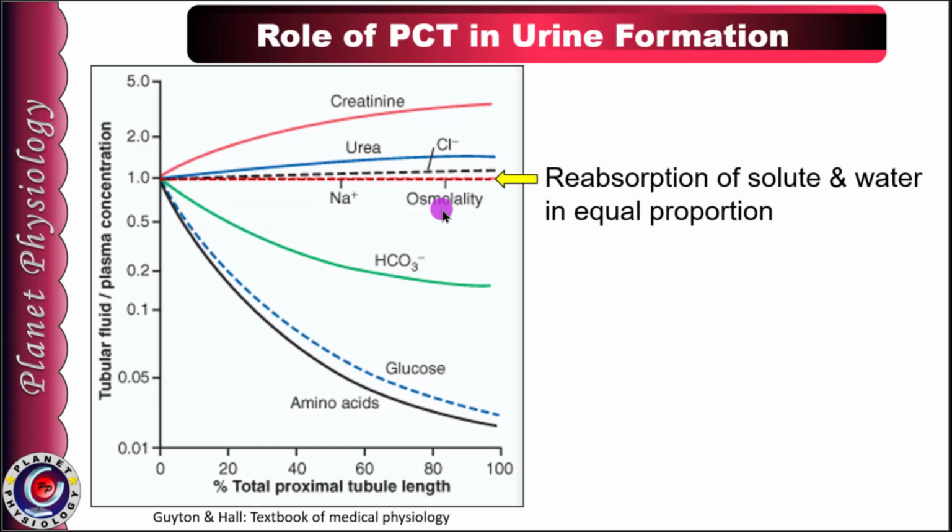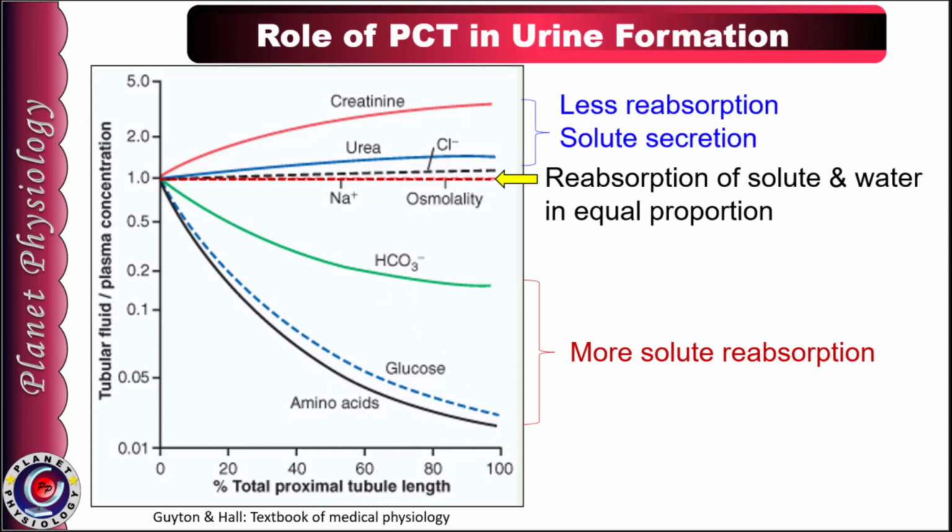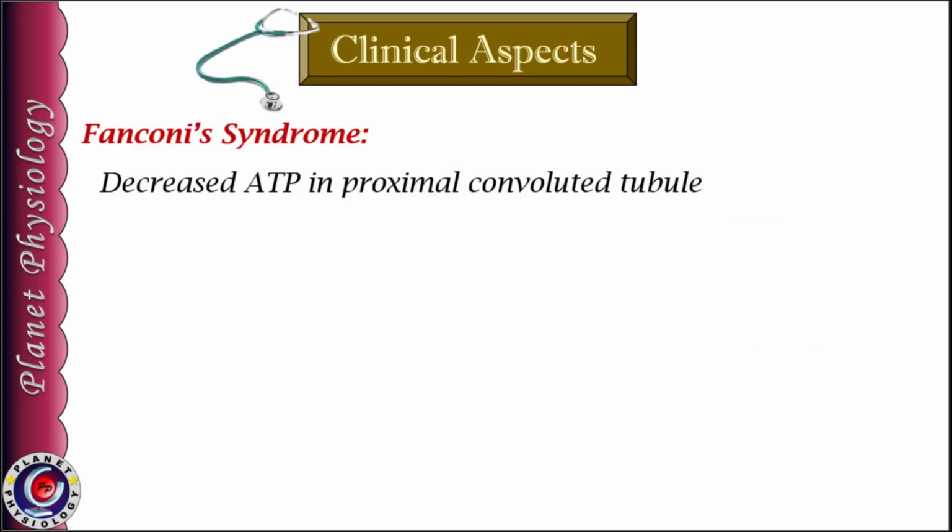If the solute is reabsorbed, its concentration falls in the filtrate as for glucose, amino acids and bicarbonates. If the solutes are reabsorbed in lesser quantity, their concentration in the filtrate increases, as indicated here for chlorides, urea and creatinine.